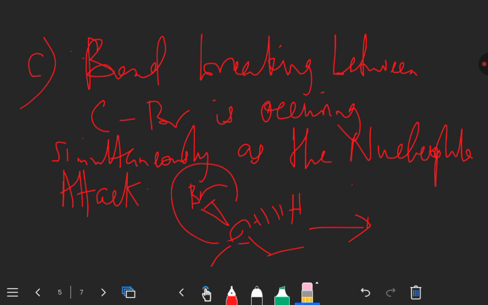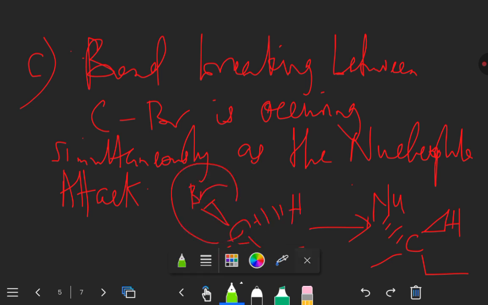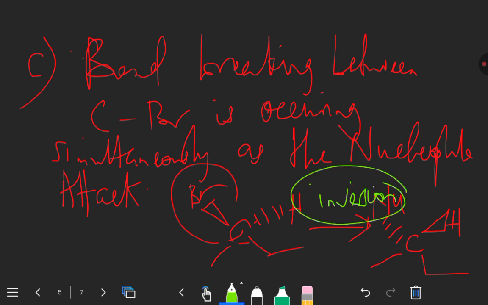Sorry, so it should be on a dash. The nucleophile will be on a dash. Then we'll have the hydrogen now on a wedge. Then we'll have this group like that. So this is what is known as inversion. Okay, so that is what we need to understand there.